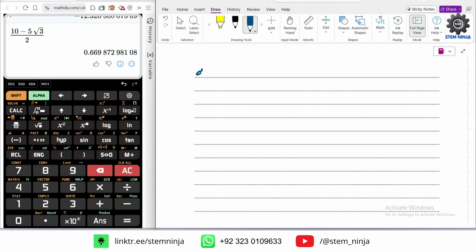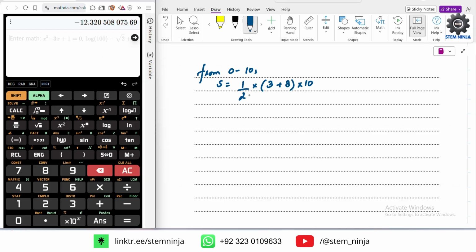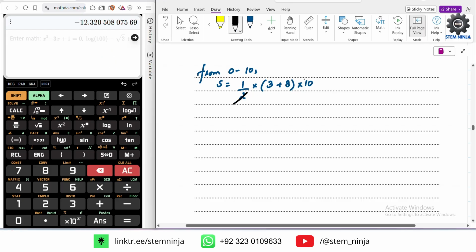So distance from 0 to 10 seconds, S would be half times (3 plus 8) times 10. Initial, final, right? So you have 2 times 5, 8 plus 3 is 11, so 55 meters.